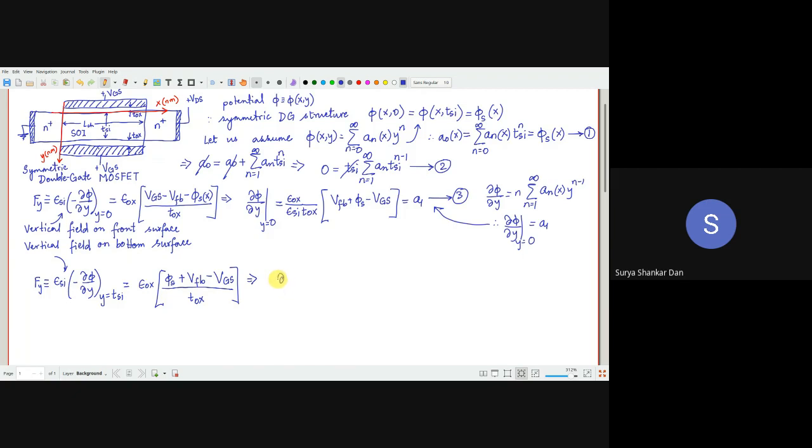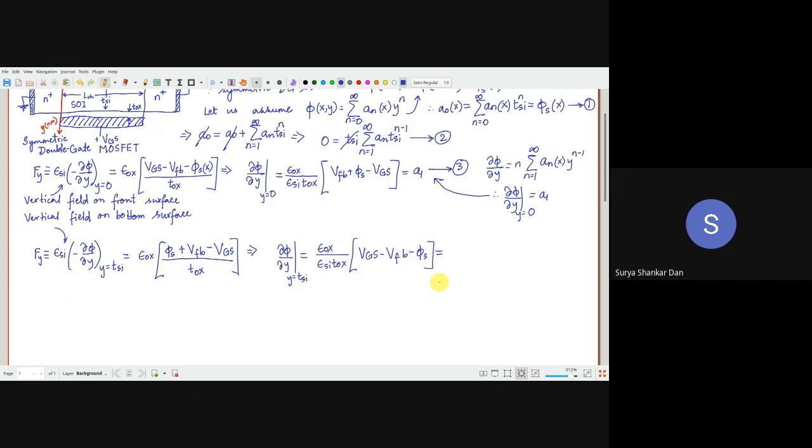So finally, what do we get? Del phi del y at y is equal to TSI. There is a negative, so it will essentially change its sign here. Minus VFB minus phi s will be equal to, so the same thing here, but we will be getting it for y equal to TSI.